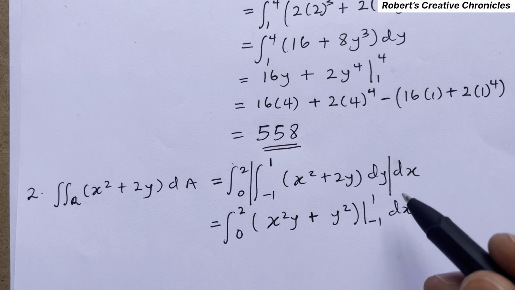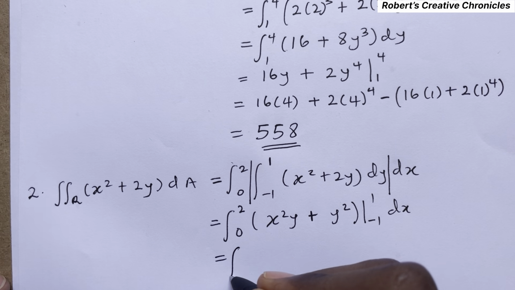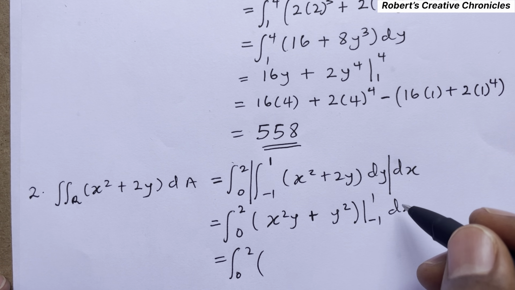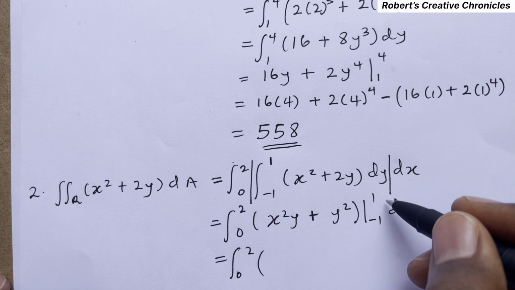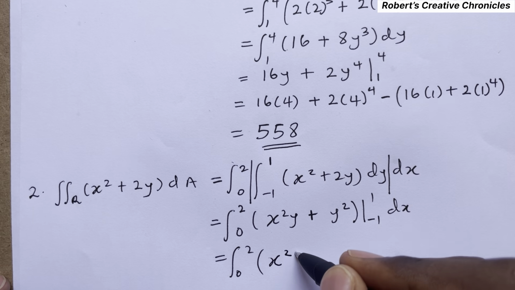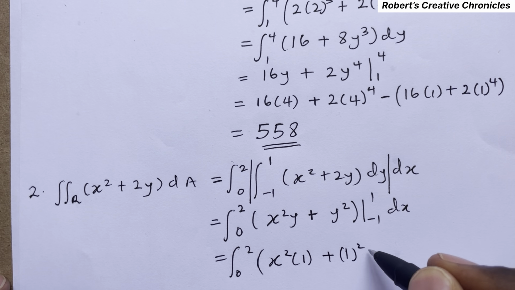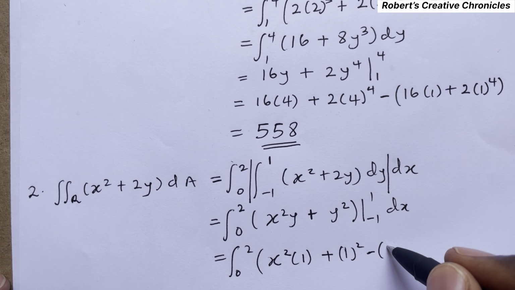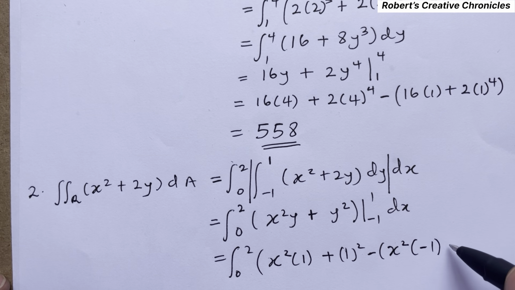So we're going to substitute the limits. Anywhere we see y, we're going to put this. So it becomes x squared plus 1 squared minus x squared minus 1 plus minus 1 squared.